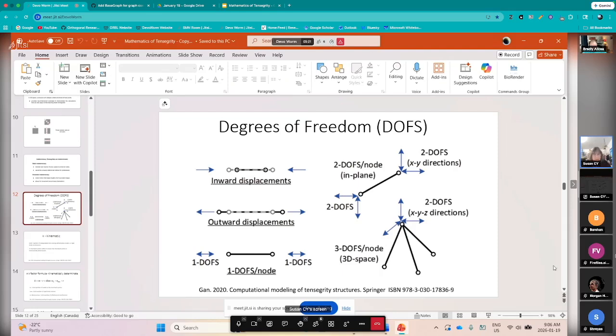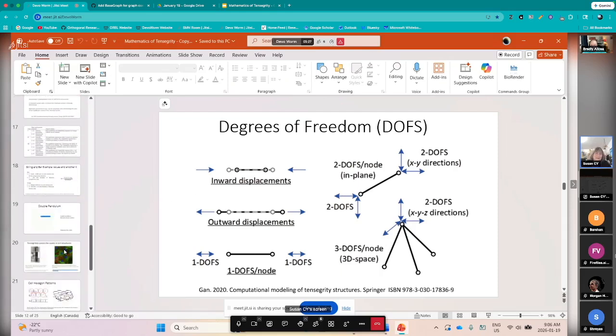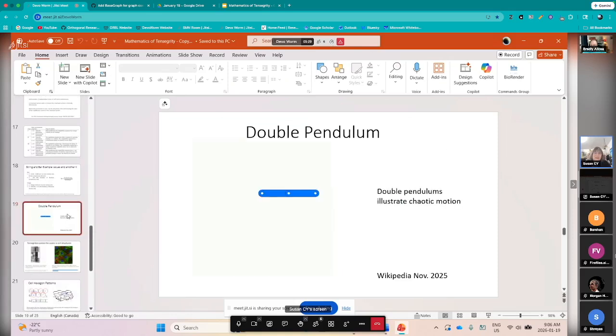But it is constrained by the strings, so I don't know. This is a double pendulum, and it depends on the initial state as to where it moves, but it moves all over the place.